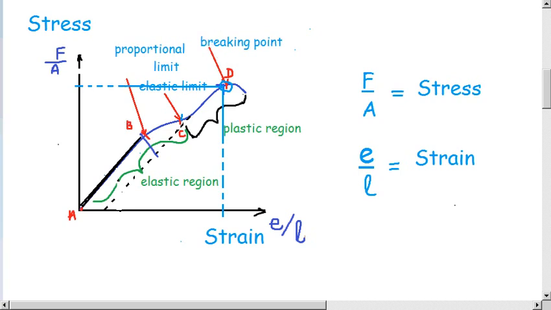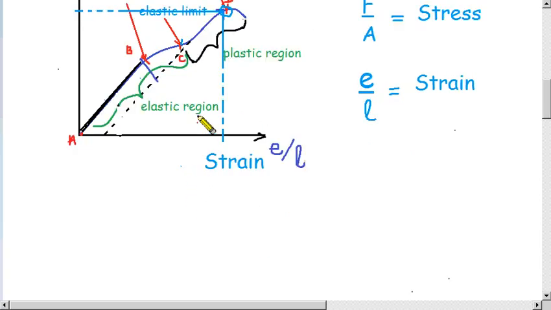Why did that happen? Because A is a constant, so we divided F by a constant and nothing happens. L is also a constant, so we divided E by a constant. So the relationship doesn't change. Therefore we can write.